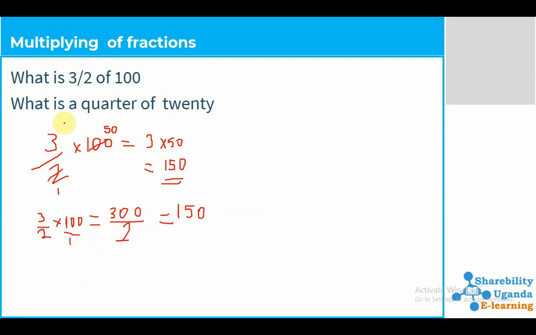Let's look at another number. They are saying, what is a quarter of 20? Here you should know what they mean when they talk about a quarter. We looked at how we can name fractions in words.